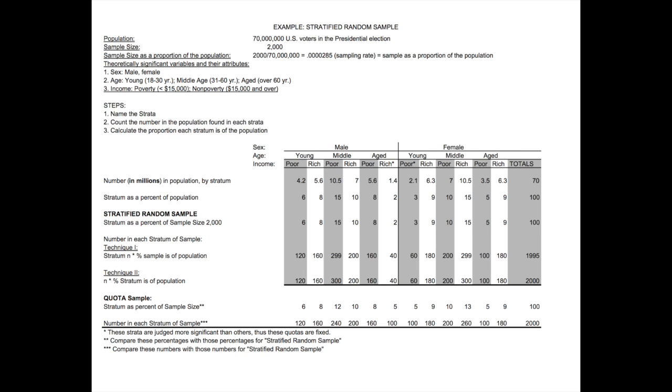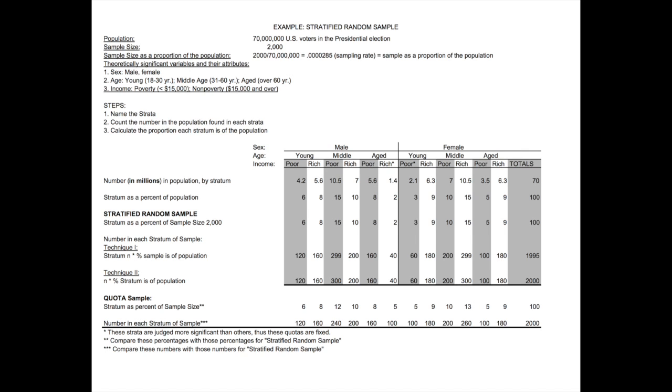And so we do that for each combination of these strata in the population, and then once we randomly select and fill each of those cells, right, we sum those up and we get, well, 1,995, right? Our sample size is 2,000.